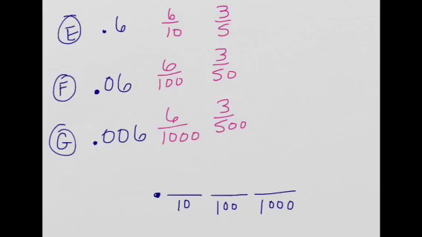So you change the decimal based on the place value that it's sitting in. If it's in the first spot, then it's over a 10. If its last digit is in the second spot, then it's over 100. And if the last digit is in the third spot, then it's over 1,000.